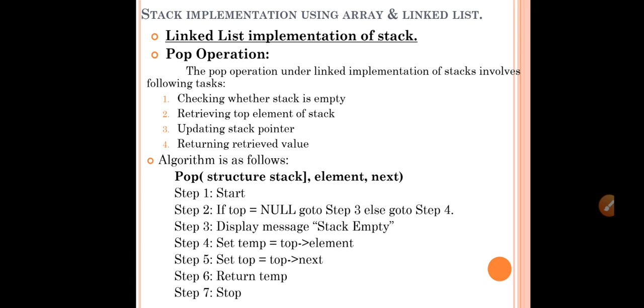If top equal to null, it means the linked list does not exist or does not contain any data elements, so at that time it will show the stack is empty or linked list is empty. Then set temp equal to top. So first we have to set the first element: if the first node was created, then we set temp equal to top. Then top equal to top next, and return temp. So it should return the popped value.